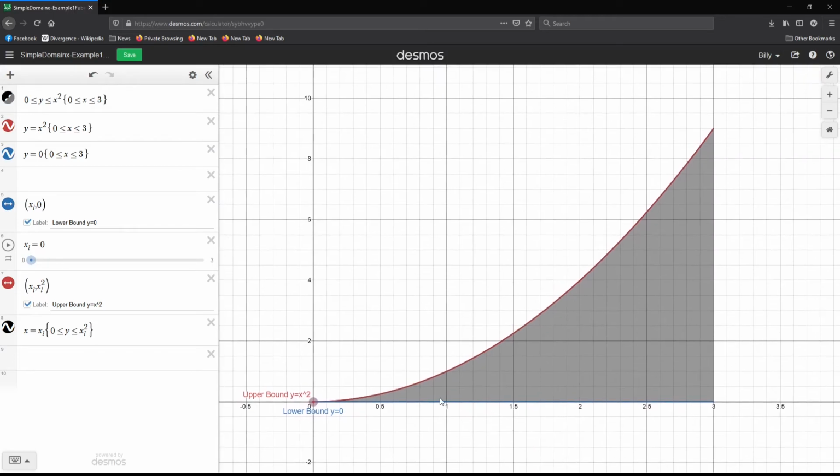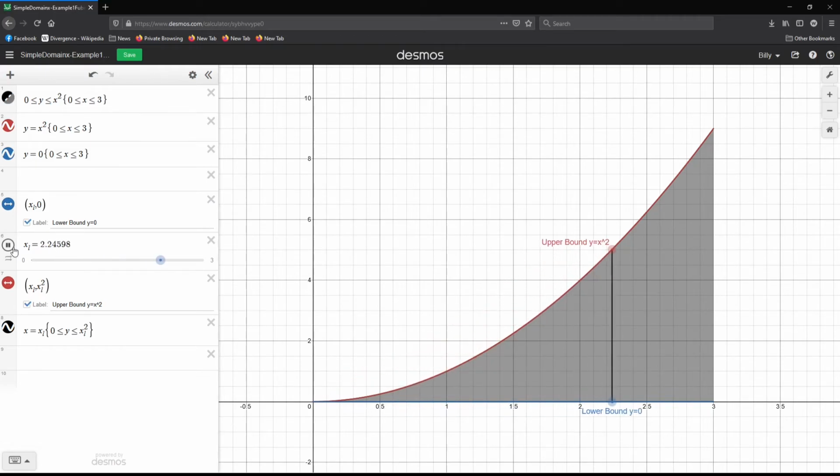And as we slide along for x from 0 to 3, the upper bound of this region is given by the curve y equals x squared, and the lower bound is given by y equals 0.